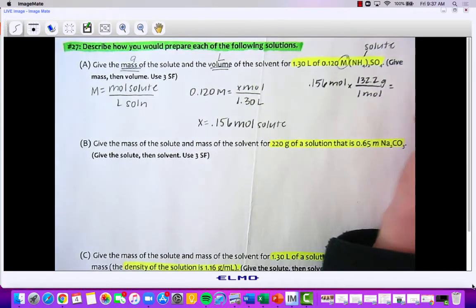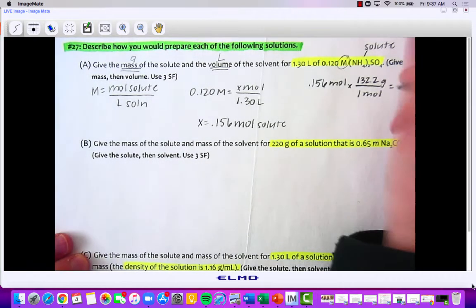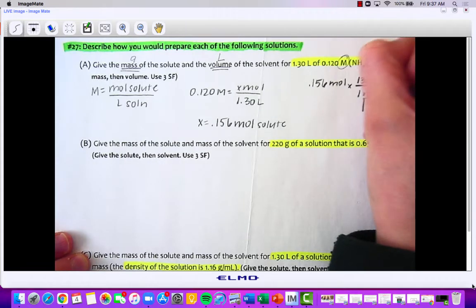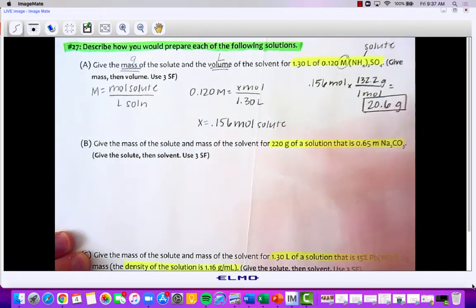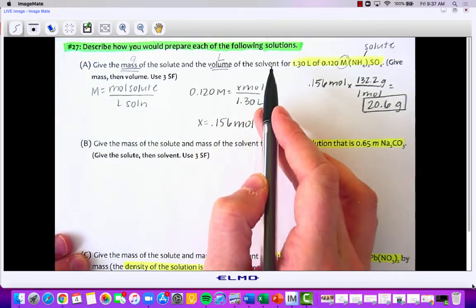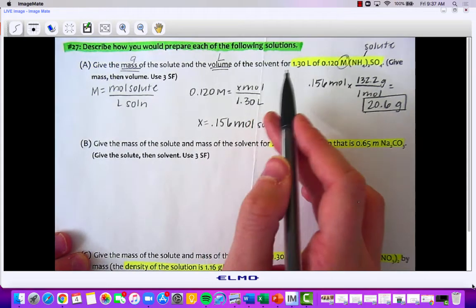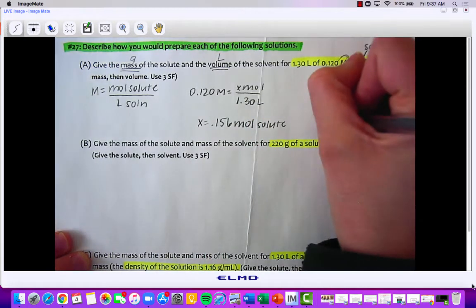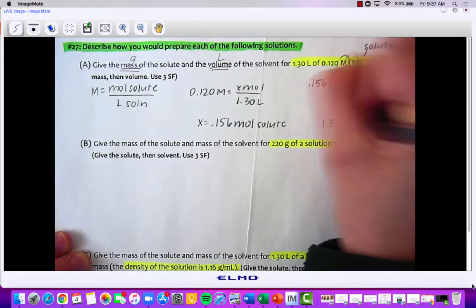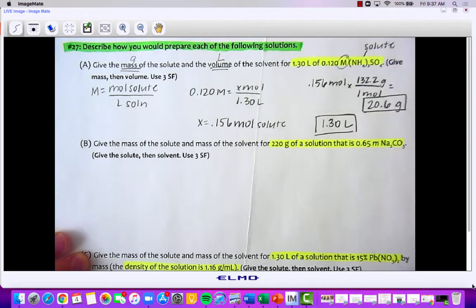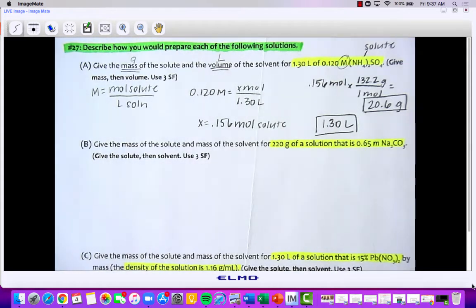So if I do 0.156 times 132.2, we get 20.6 grams of solute. And then it also wants volume of solvent. So more than likely, since they didn't give us any other information, our volume of solvent will be 1.30 liters. So in mastering, you'll do 20.6, comma, 1.3.